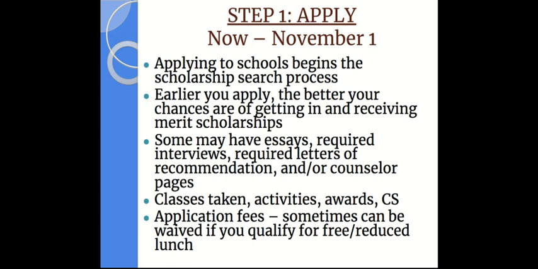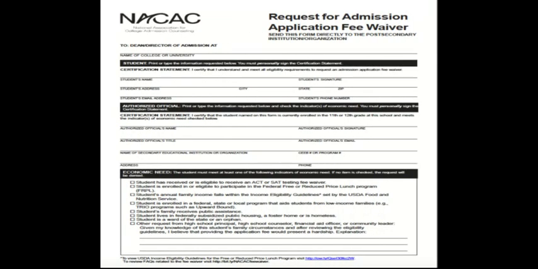So the earlier you apply, the better. You might have to do essays, interviews, get letters of recommendation, etc. And a lot of them have application fees, but if you are on free and reduced lunch, you can get a fee waiver. It looks like this, or the school might have their own fee waiver. This fee waiver covers the ones where maybe you can't find a specific fee waiver.